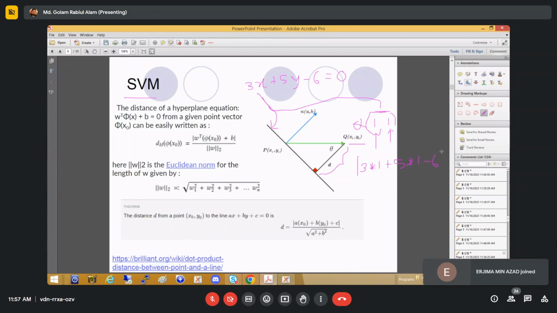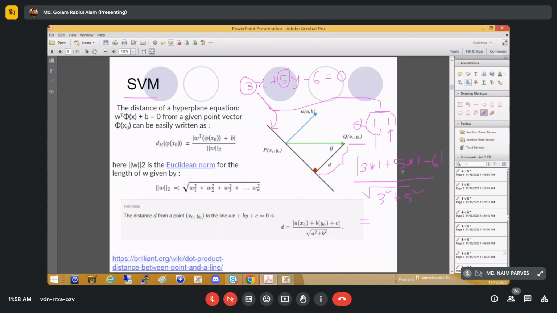Absolute value of that, divided by the square root of the square of the coefficient of x, which is 3 squared, plus the square of the coefficient of y, which is 5 squared. This will provide us the distance.